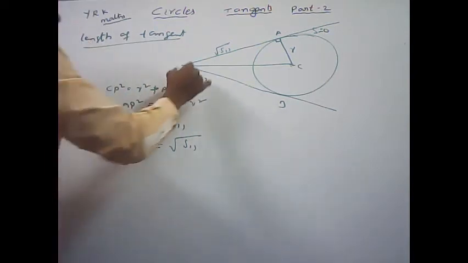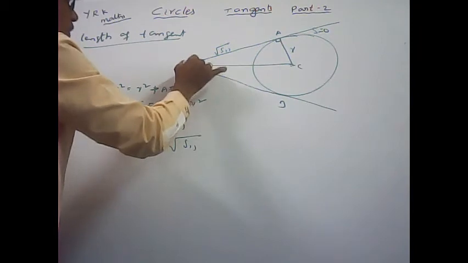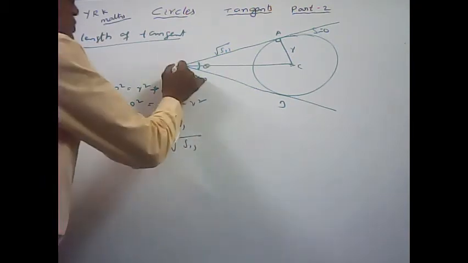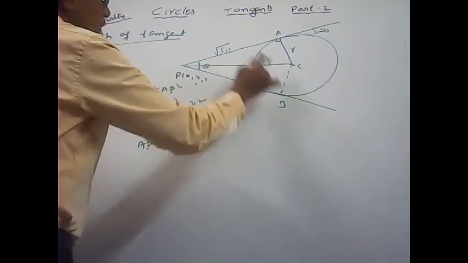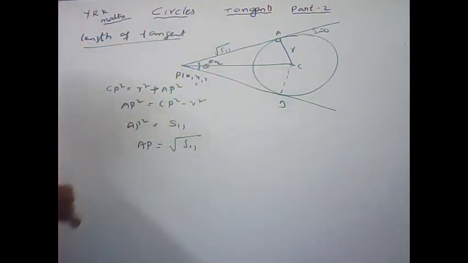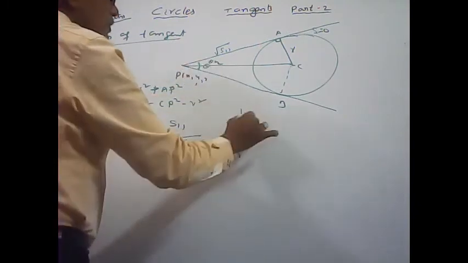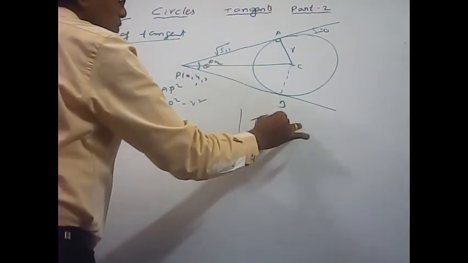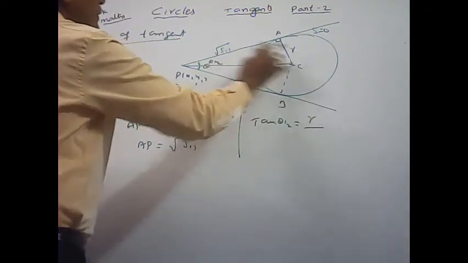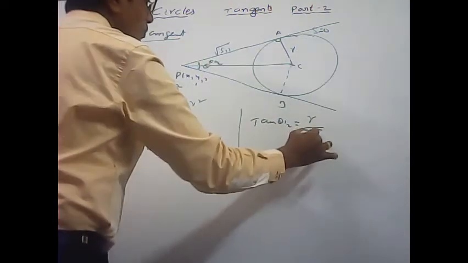And here, the angle between both the tangents drawn from the external point to the given circle, I am taking theta. These two triangles are congruent. If it is theta, this part we say theta by 2. If I take tan theta by 2, that is equal to opposite by adjacent side, r by root S11.